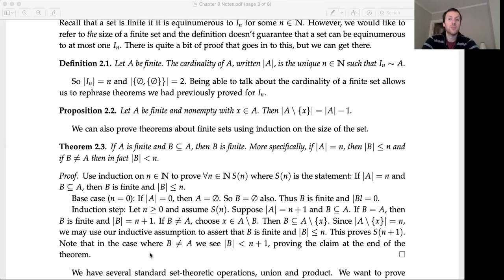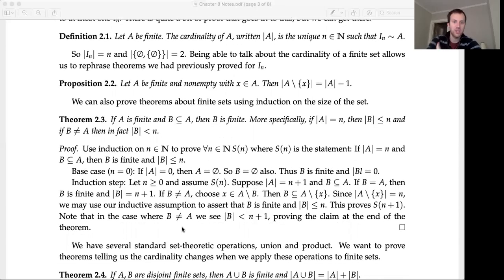But what we know is that if the cardinality of A is 0, then it has no elements, so it's actually the empty set. The only way of being a subset of the empty set is to also be the empty set. And this set is finite and has cardinality 0, because this is exactly what we called I_0.